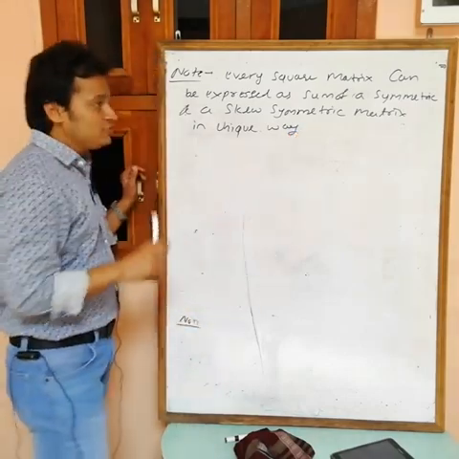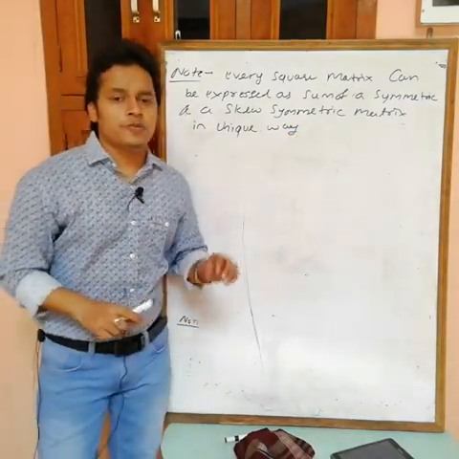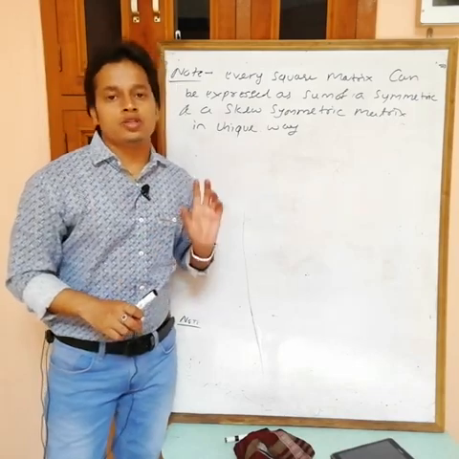Every square matrix can be expressed as the sum of a symmetric and a skew symmetric matrix.